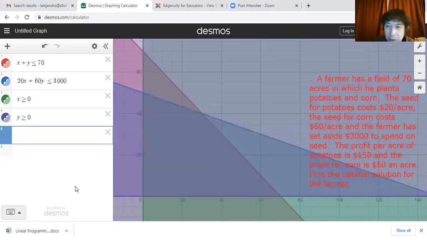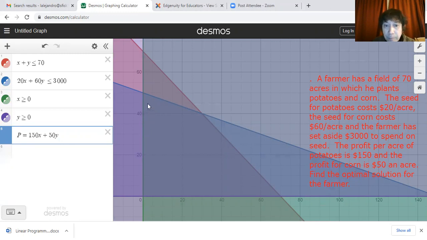We still have to make use of the profit statement P. The profit for potatoes is $150 per acre. So 150 times X plus $50 per acre for the corn. So 50 times Y. This will be our profit statement. And we're going to make use of the corner points in this profit statement.